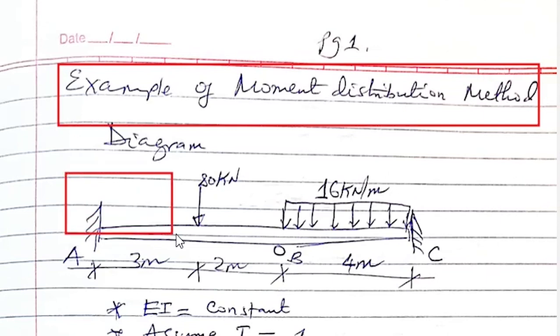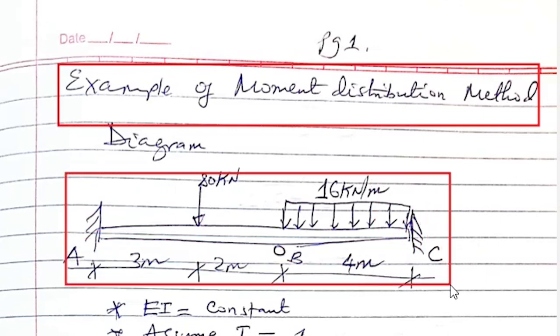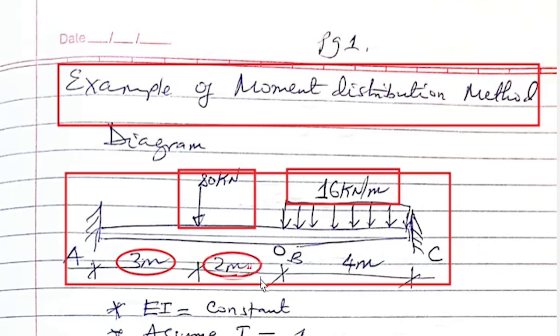Consider the loaded beam as you see, in which it is loaded with a point load of 80 kilonewton and a uniformly distributed load of 16 kilonewton per meter, which has the length as you see, the point which is 3 meter from support A and 2 meter from there to B.